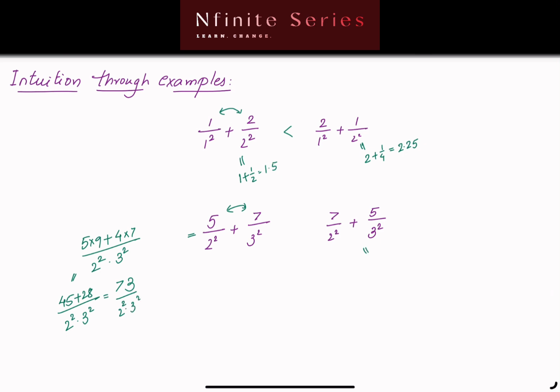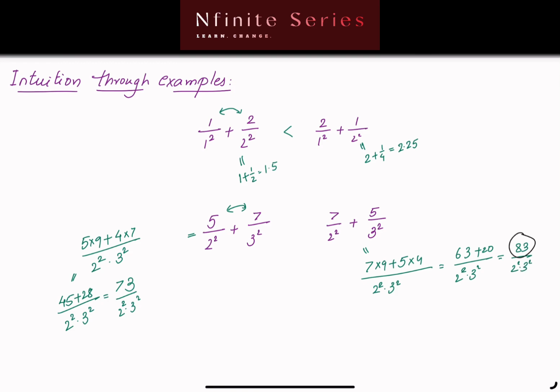Now let's compute the right hand side. Do the cross multiplication. 7 times 9 plus 5 times 4 divided by 2 square, 3 square. This is equal to 7 9s are 63 plus 5 4s are 20 divided by 2 square, 3 square. Now this is equal to 83 by 2 square, 3 square.